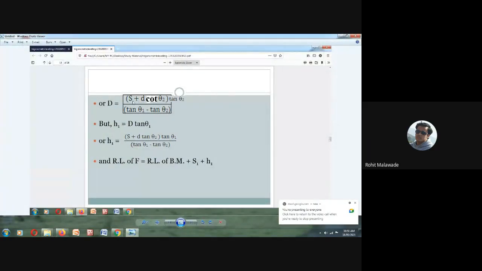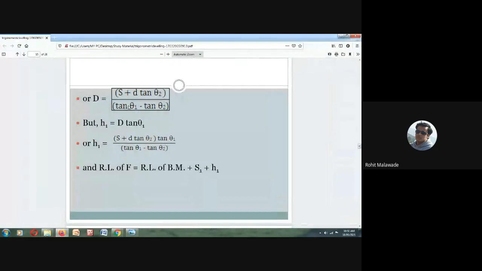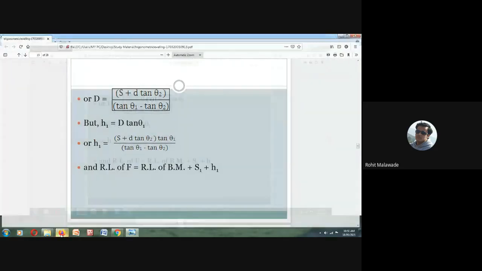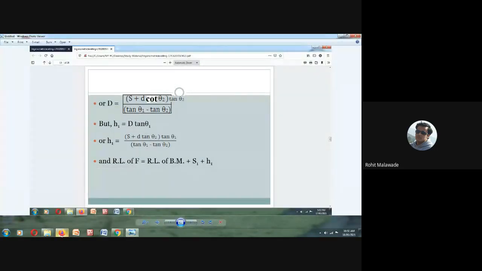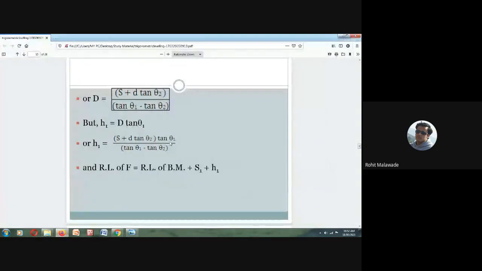D is equal to S plus d cot theta 2 into tan theta 2, divided by tan theta 1 minus tan theta 2. This is the only small change. So if we want to measure the distance d, we use this formula, and you need to remember it in order to solve the problem.